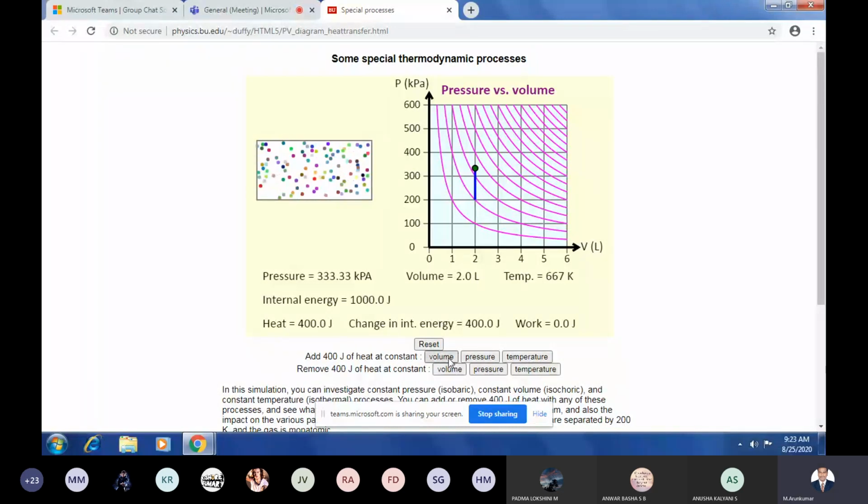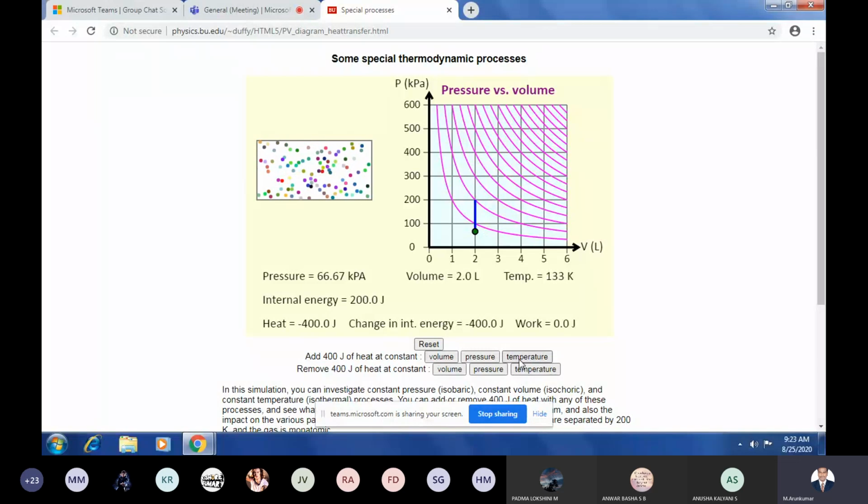So that is called a constant volume process. So this is the initial stage. If you remove the heat energy in a constant volume process, we have the constant volume and we are decreasing the pressure. So this is a constant volume process.